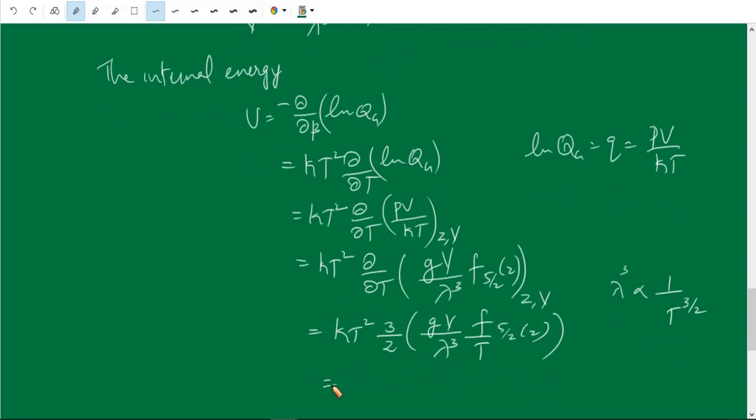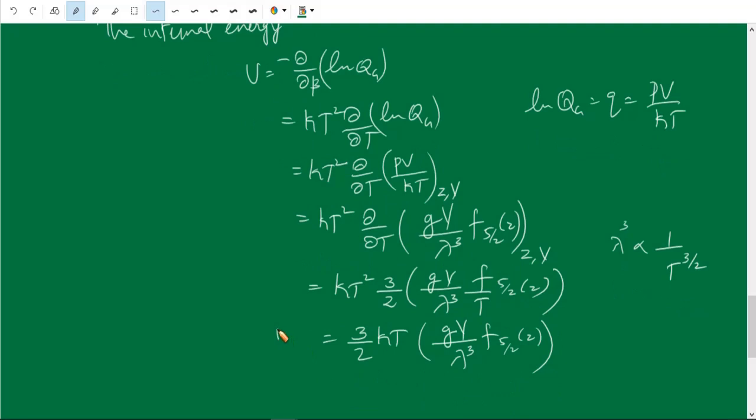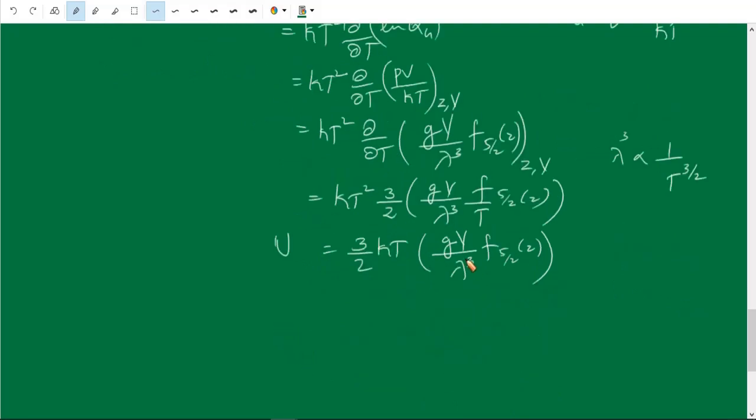So we get 3 divided by 2 kT into g V divided by lambda cube f 5/2 of Z. This is the expression for the internal energy of the system. Here g V divided by lambda cube f 5/2 is PV divided by kT, so we can put it like this.